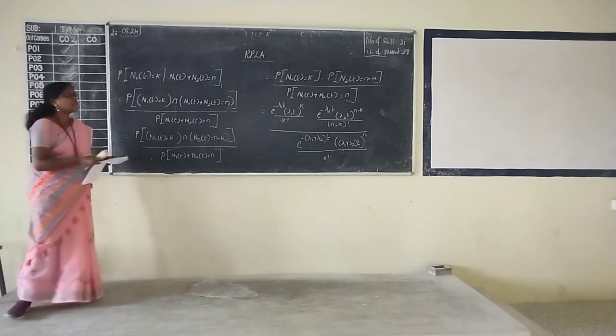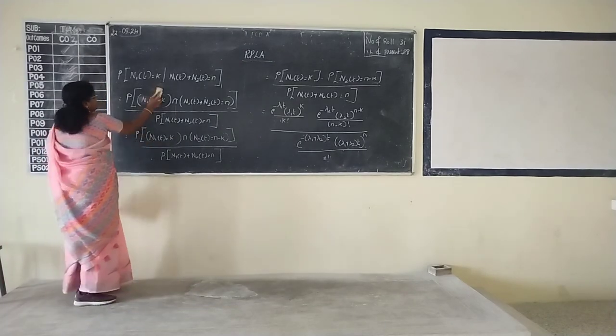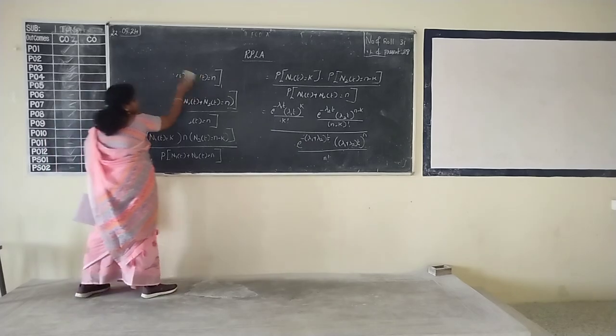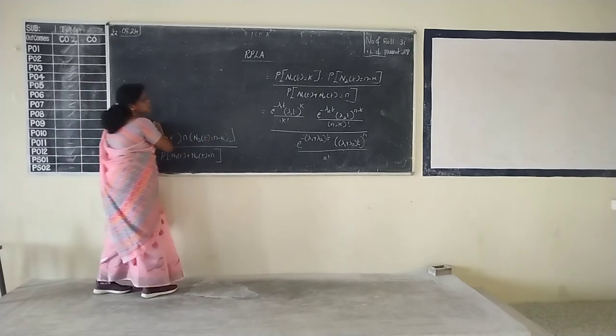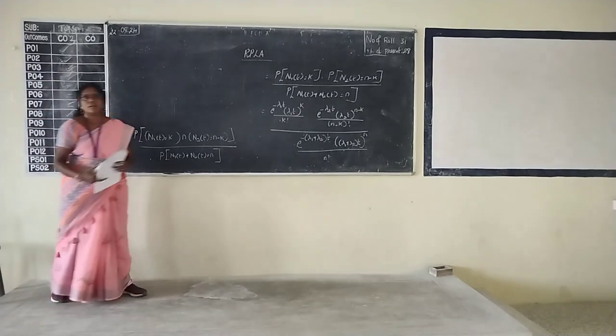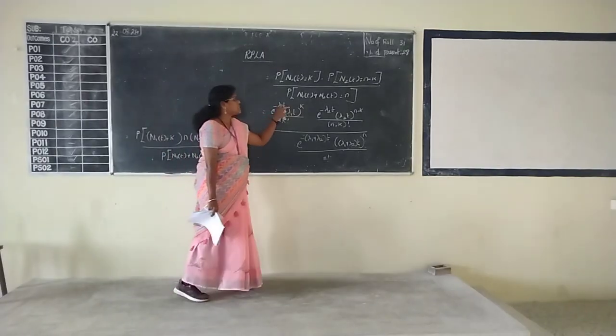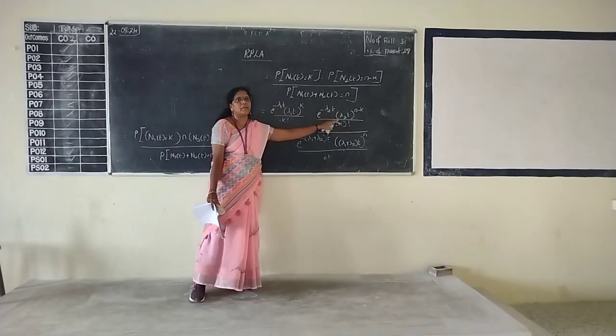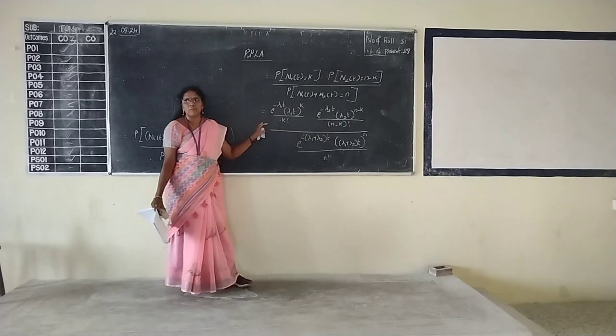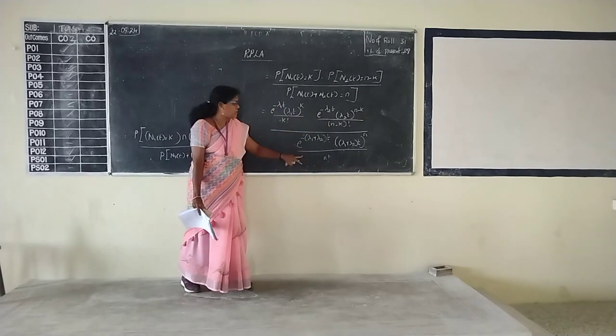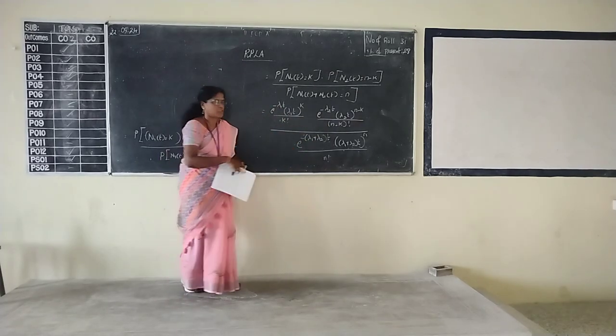Anything will get cancelled off now? Whether the exponential will get cancelled off or not? It is e power minus lambda 1t, e power minus lambda 2t. Since the base is the same, you can add the power. If you add the power, this will get cancelled with the exponential.